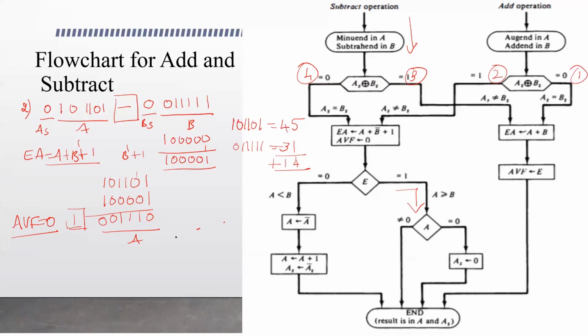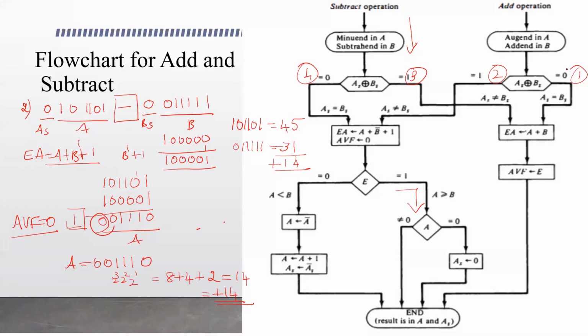Okay, it is 0, 0, 1, 1, 1, 0, 2 power 1, 2 power 2, 2 power 3, 8 plus 4 plus 2. It is 14. Okay, and the sign bit is 0. It says it is positive. So the result is plus 14. Okay, as there is no overflow, we get the correct answer in subtraction here.